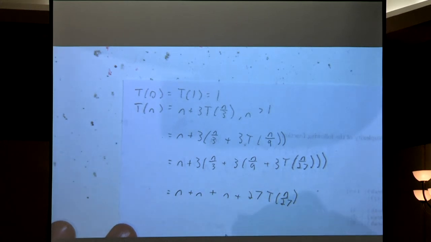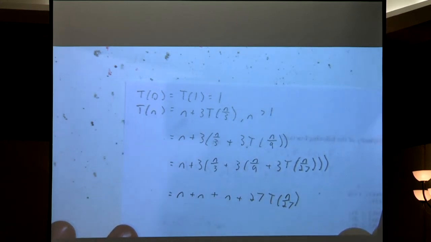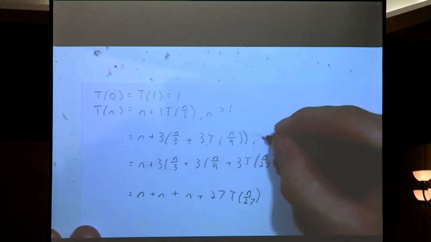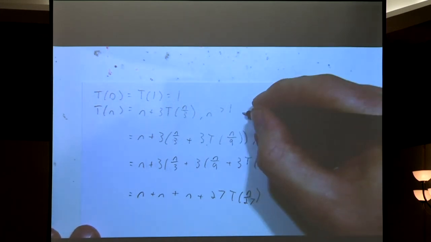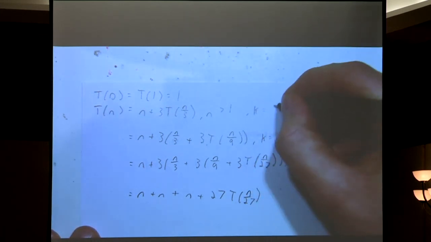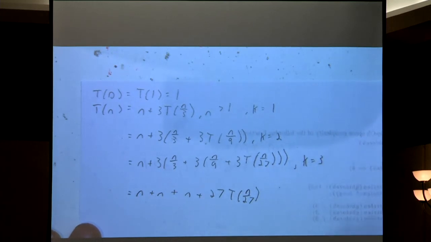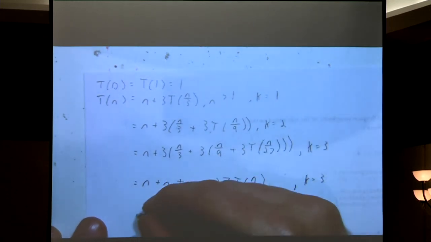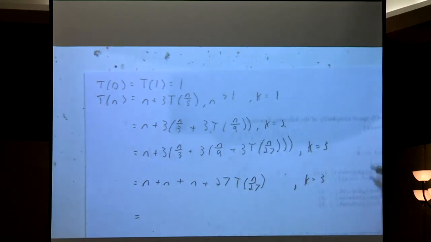We need to turn this into terms of k still. So remember, this is still k equal to 3. So in terms of k, we're k levels deep of calling our recursive function, our recurrence relation.